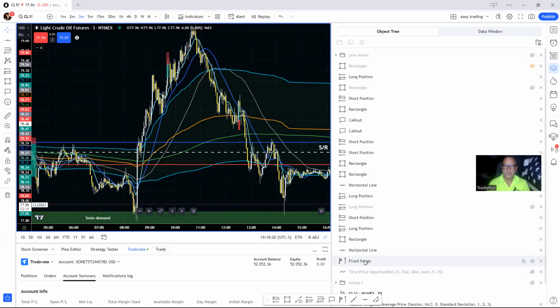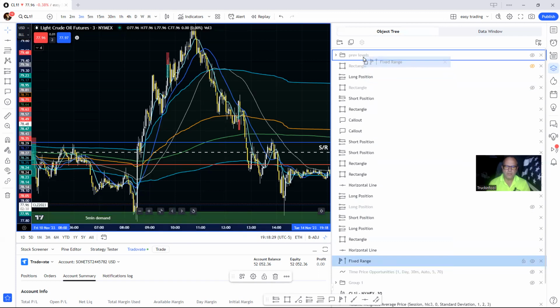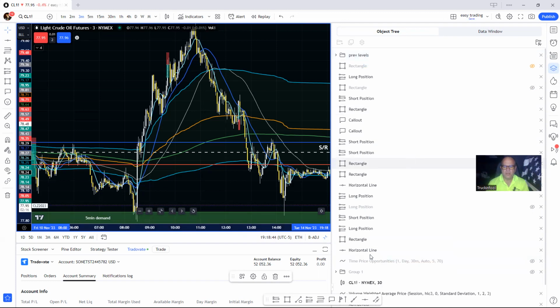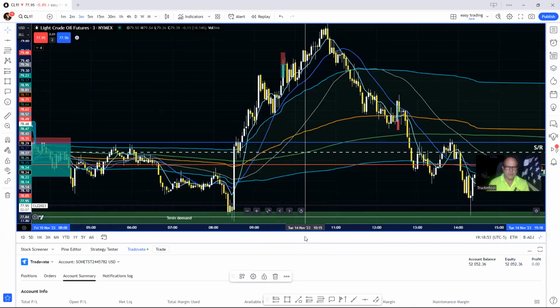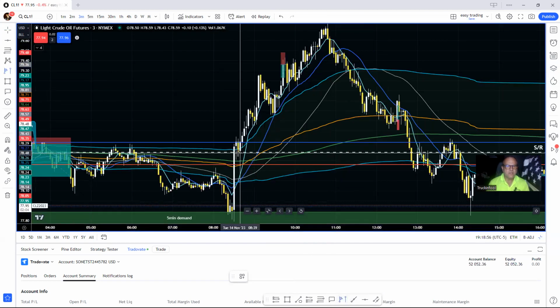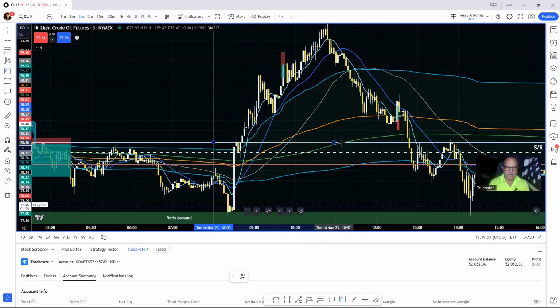We need to put that into previous levels. And then we need to put on today's fixed volume profile, starting at 8 o'clock, going to 4:30.